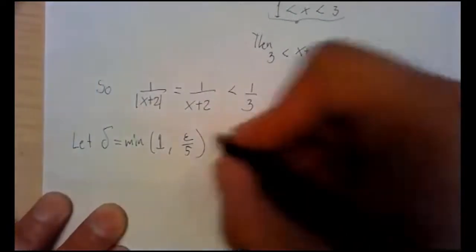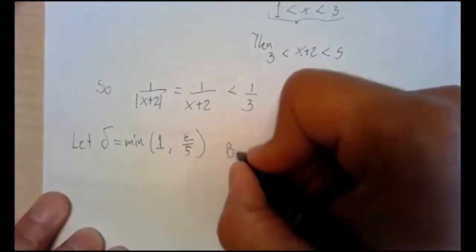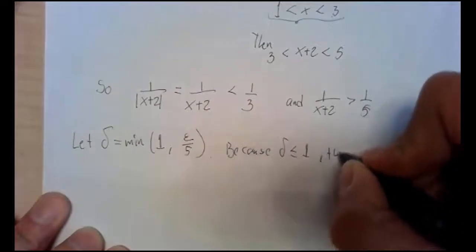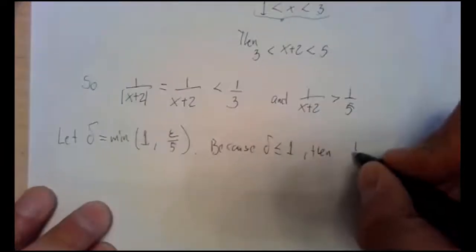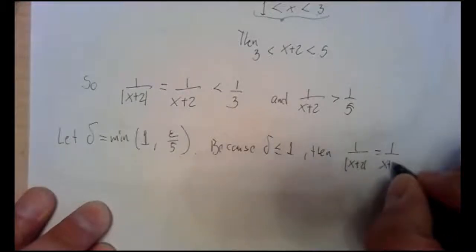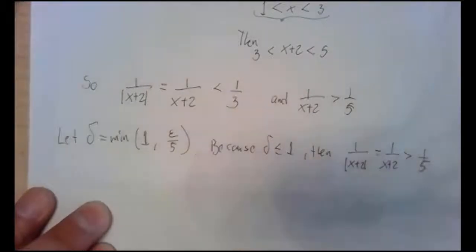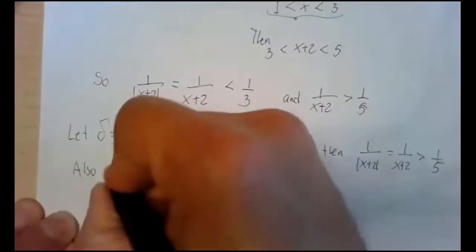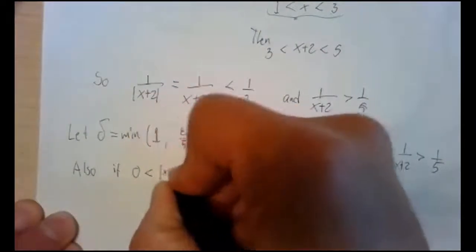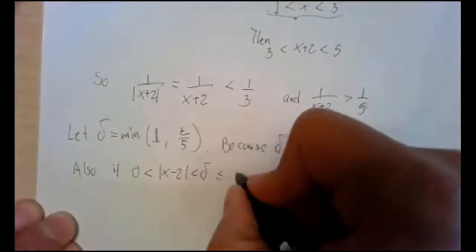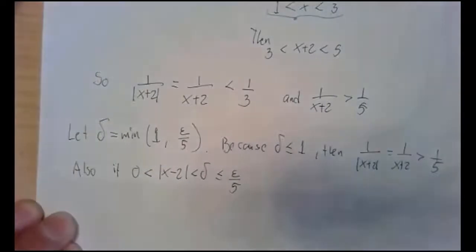All right. Good. Now, because delta is less than 1, then 1 over |x + 2| is greater than 1/5. That's the work we did before. Then also, if 0 < |x - 2| < delta, well, because delta is less than epsilon over 5, we have this, right?